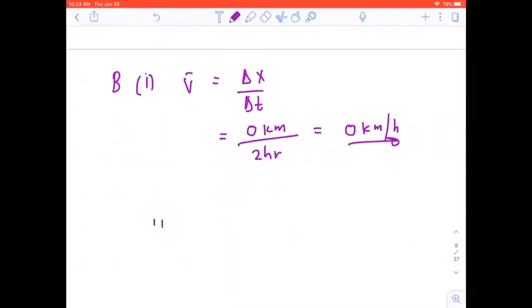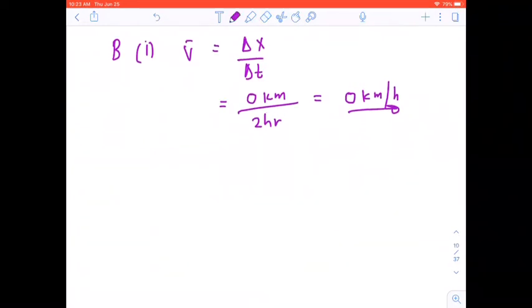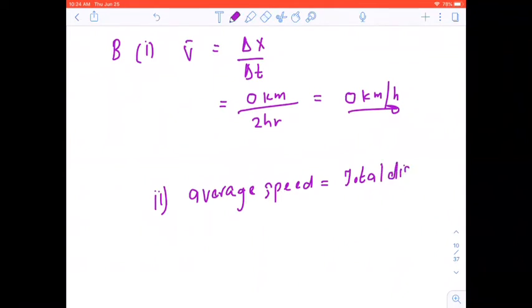Then we see if we're looking at the average speed, so average speed is equal to total distance divided by total time.